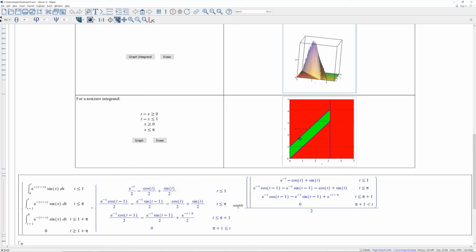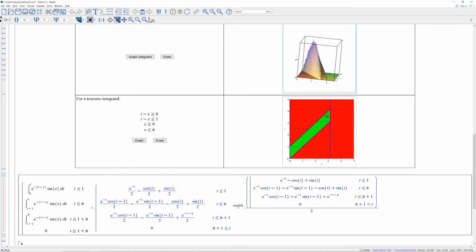In this region, x goes from this line, which is t equals 1 plus x, to this line, which is t equals x. So x from t minus 1 to t is the product. And you go as far as x equals pi, that's pi right there.